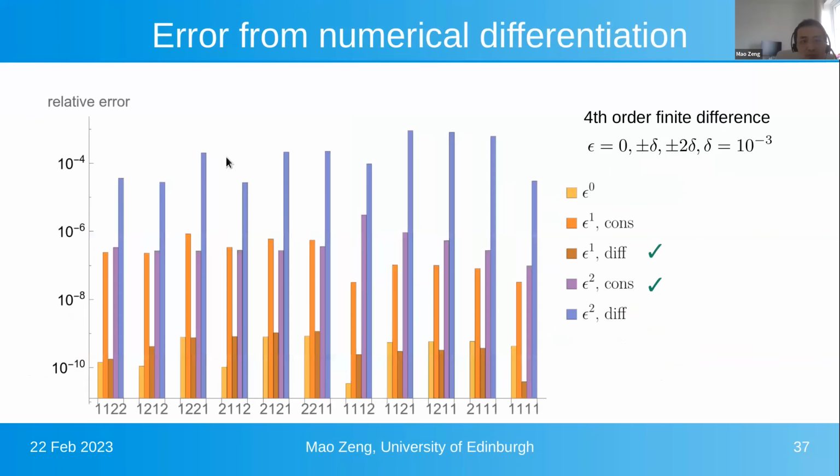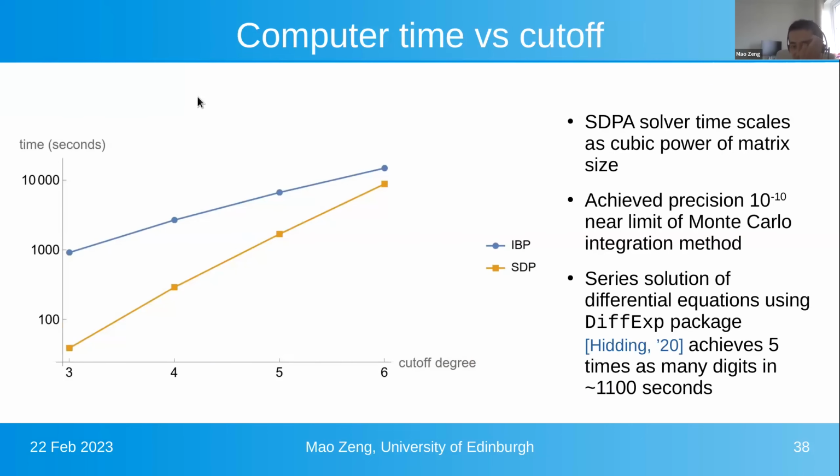If I go to the epsilon expansion, the epsilon 1 and epsilon squared powers, their accuracy are a little bit worse, but still I reach quite good accuracies. And the computation time is not very large. The computations are done in a matter of hours.